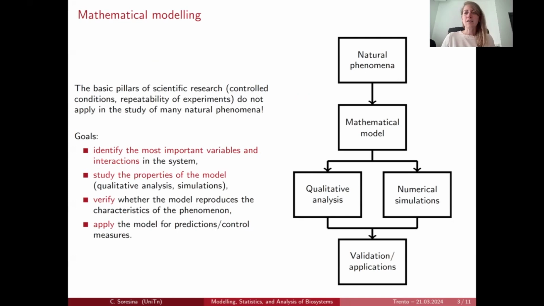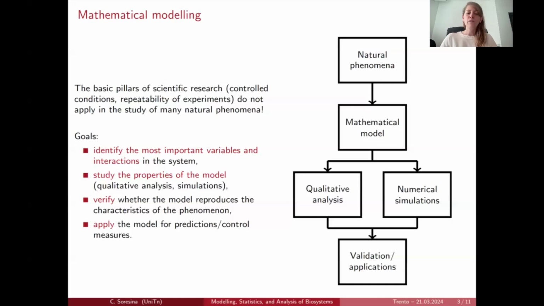So the goal of the mathematical modeling is then to provide a tool in this regard, so to identify the most important variables and interaction in the system, but also, once you have your model, you want to study the properties of the model, so combining qualitative analysis with simulations, and also to try to reduce the model to simpler versions.